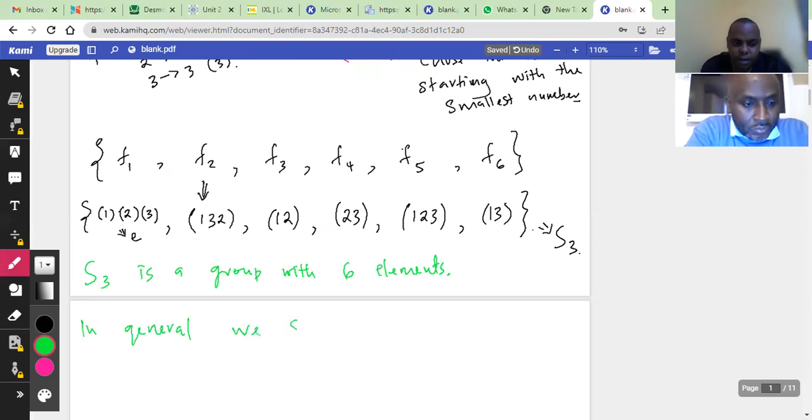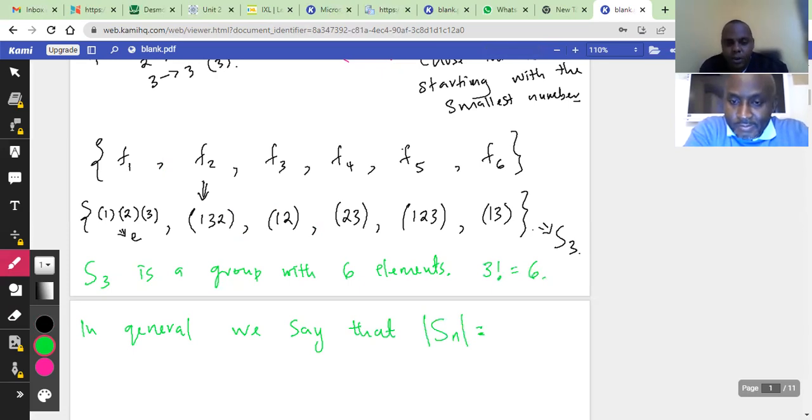In general, we say that the order of Sn, that is the number of elements inside Sn, when you look at S3, 6 is the same as 3 factorial. So we usually say that the order of any symmetric group with n elements is going to be n factorial.